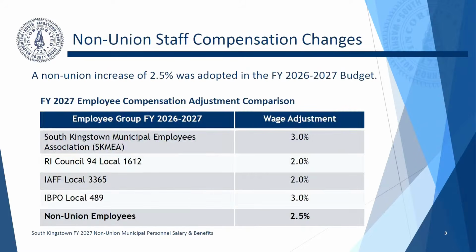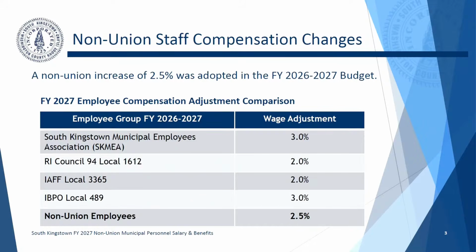For reference, non-union is going to have an increase of 2.5%, which was included in the budget. And I have a reference chart here, which includes the SKMEA union, which is at 3% for this year, which was collectively bargained, along with C94 at 2%, the IAFF EMS at 2%, and then IBPO Local 489 at 3%.